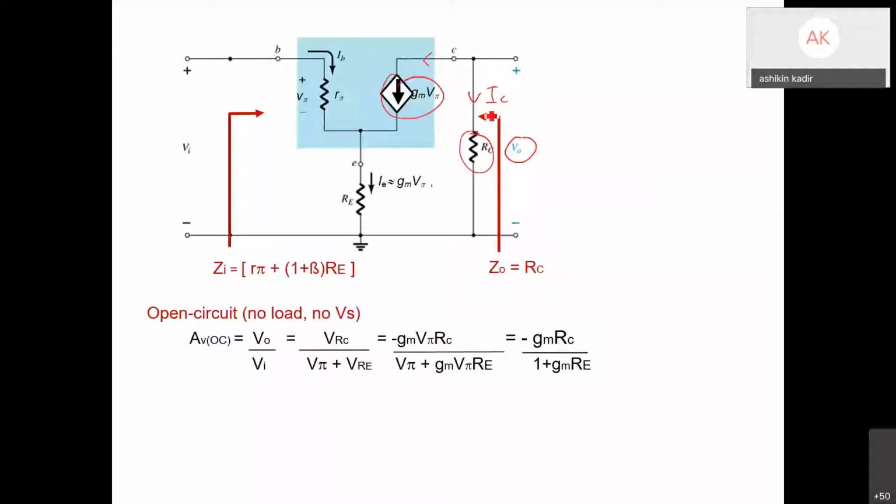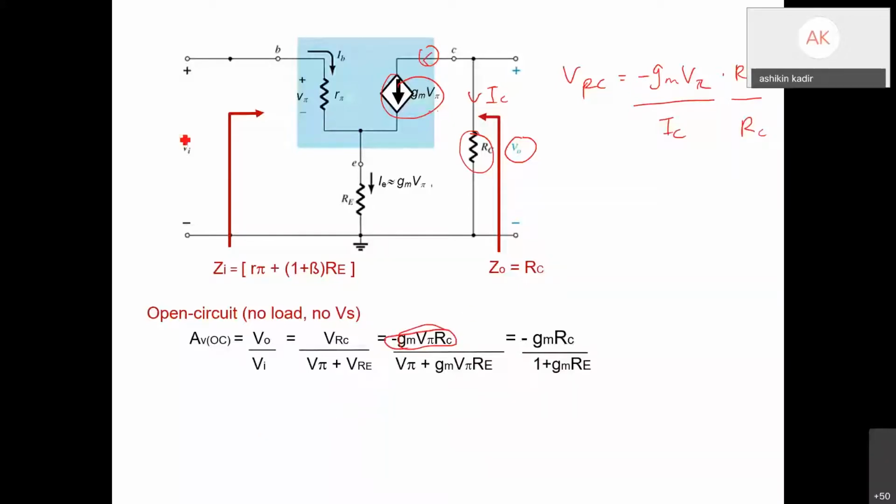The current across RC is in a different direction compared to the current over here, gm V pi, so we put the notation negative gm V pi. This is actually the current, so this is the IC, and then we multiply with RC, the resistor. So your V RC is equal to negative gm V pi RC.